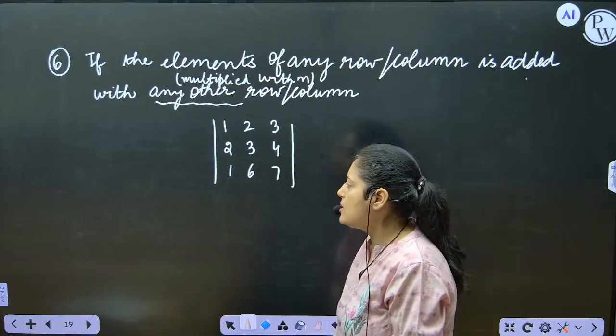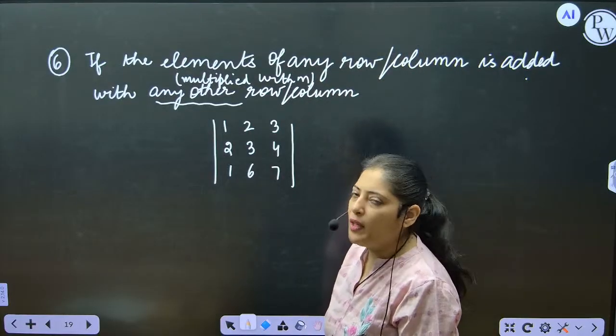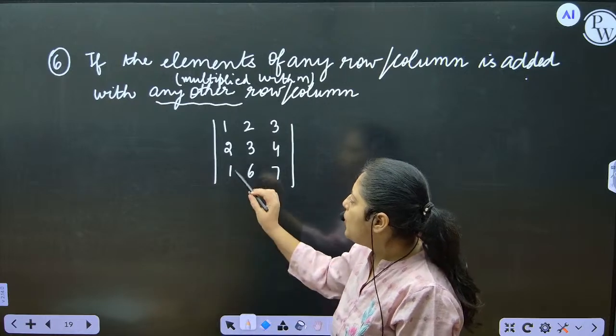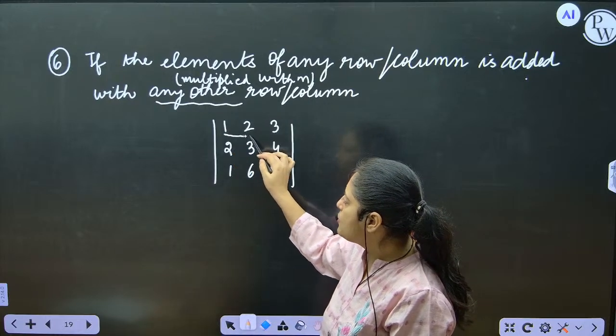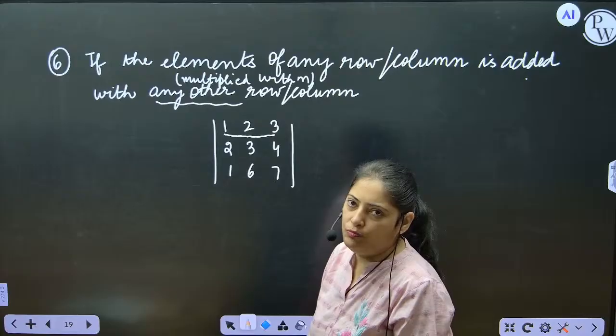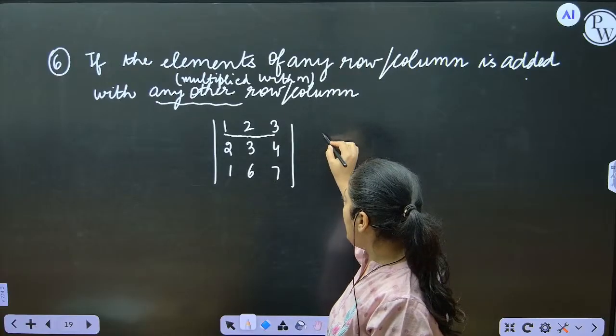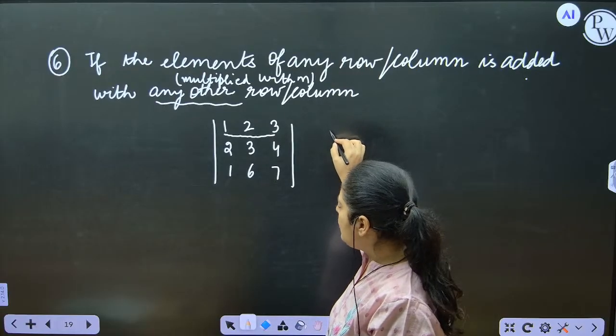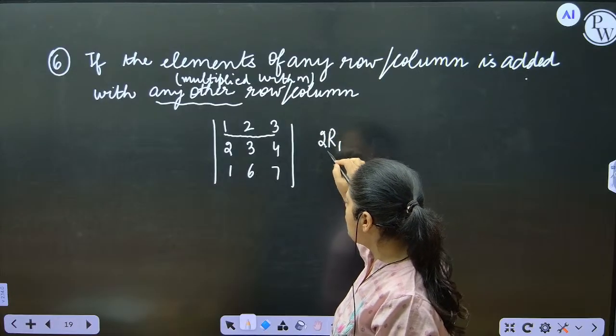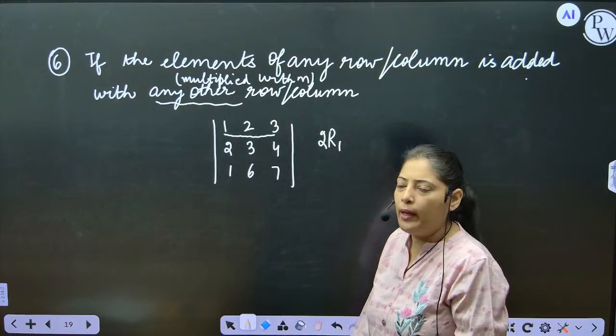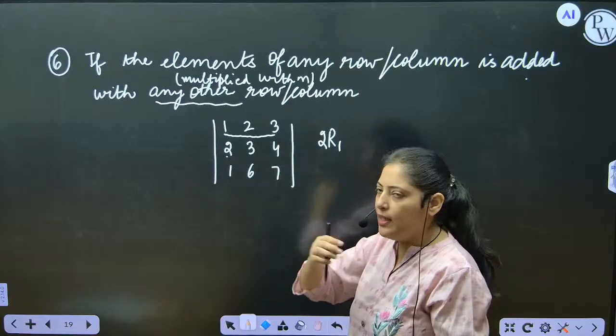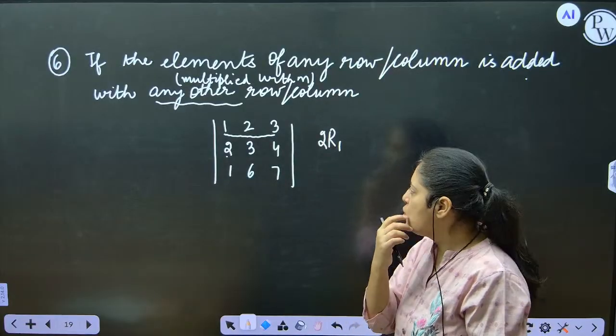Suppose that. Now what we can do is, suppose I am multiplying this row with 2. That means I am multiplying row 1 with 2, and I am subtracting it here from row 2.